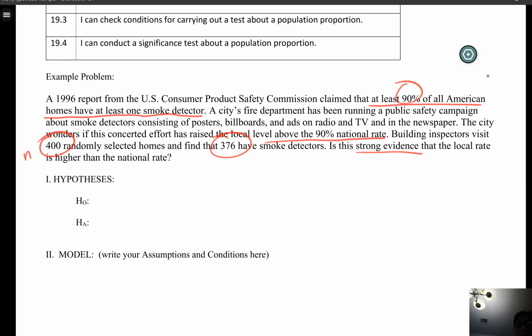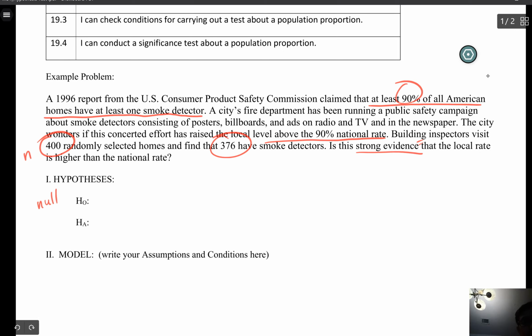Okay, it's asking for evidence. So these are typical problems of hypothesis testing. The first step in doing a hypothesis test is to state the hypothesis, and we start with H0. H0 is the null, meaning nothing has changed, everything is the same.